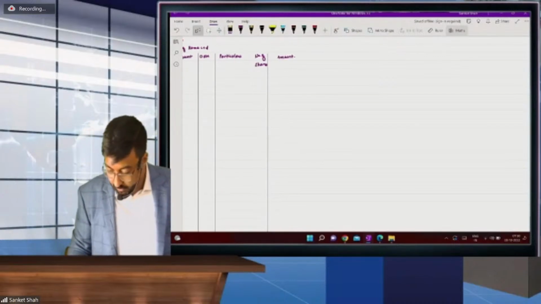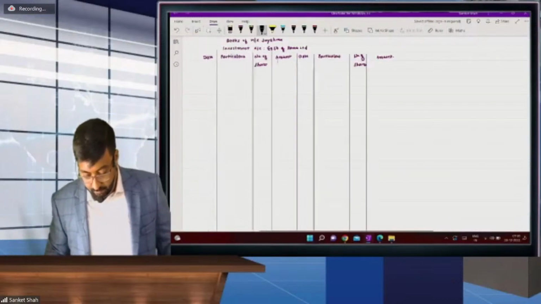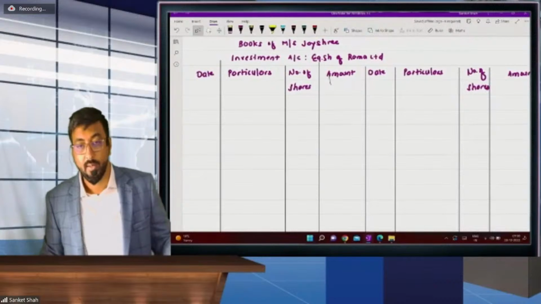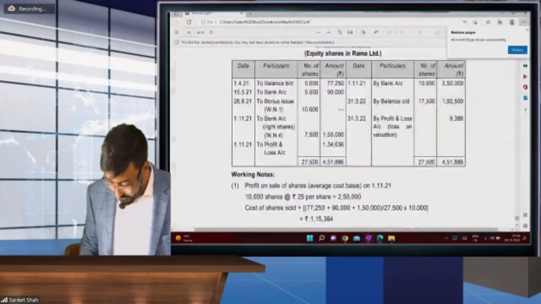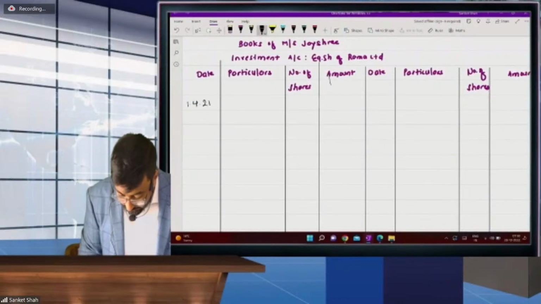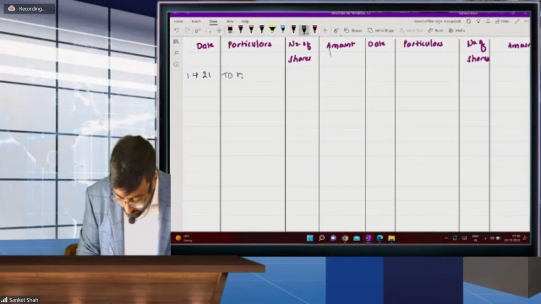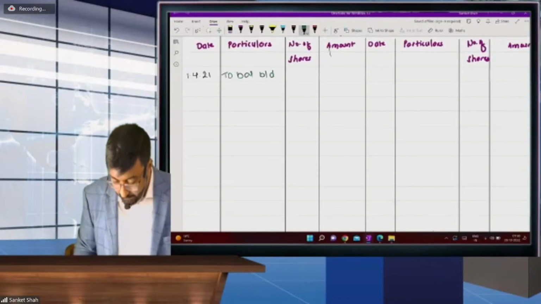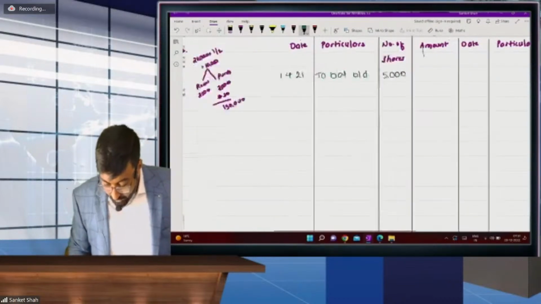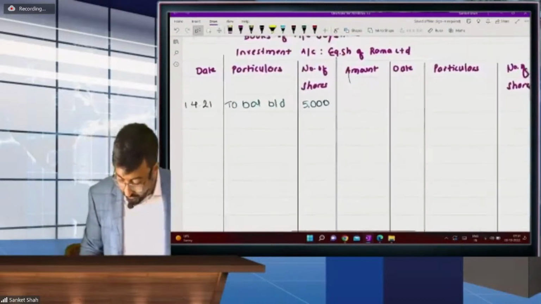चलिए, date, particular, number of shares, amount. Let's start. 1 April 21, to balance brought down, 5,000 shares at rupees 77,250.